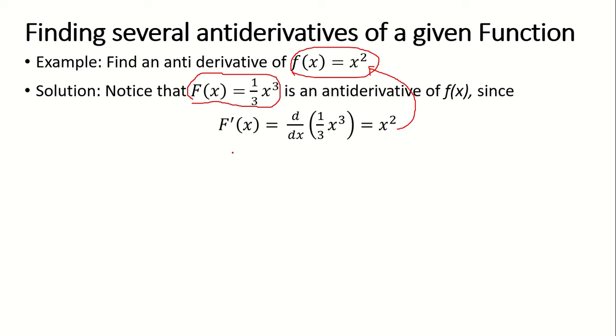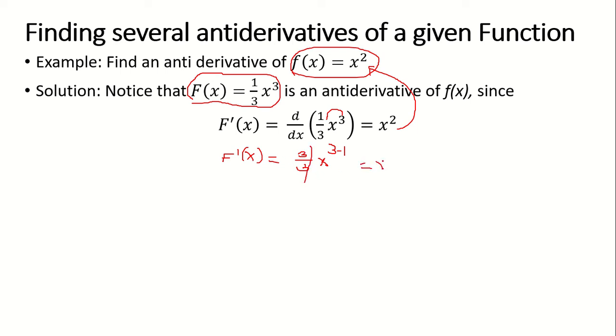Okay, so kukunin natin yung derivative niyan, capital F prime of x is equal to derivative with respect to x of 1/3 x cubed. So i-multiply natin itong exponent na 3 dito sa coefficient na 1/3. So 3 times 1 is 3 over 3, x cubed minus 1 is equal to, so 3 over 3 is 1.